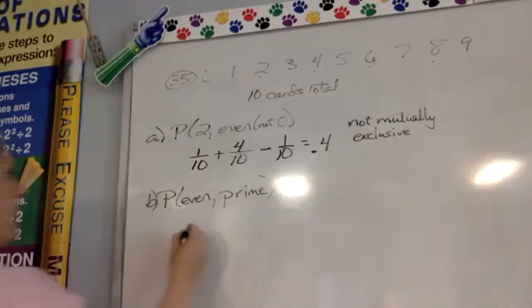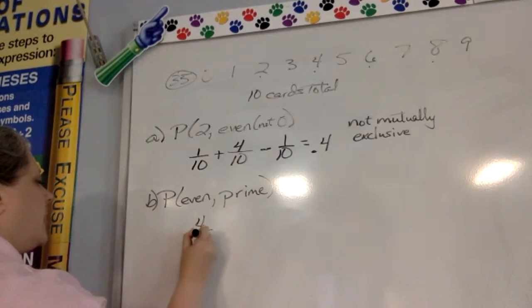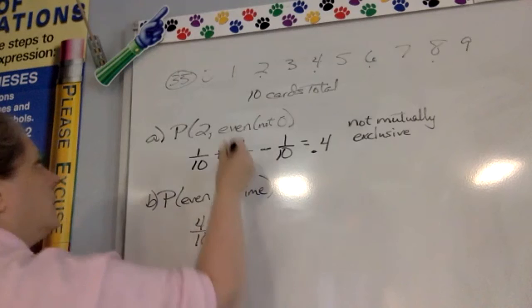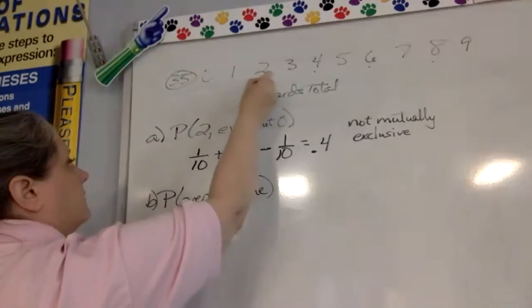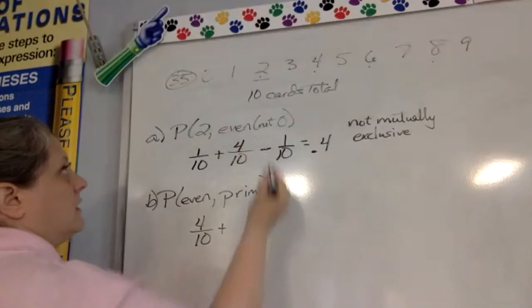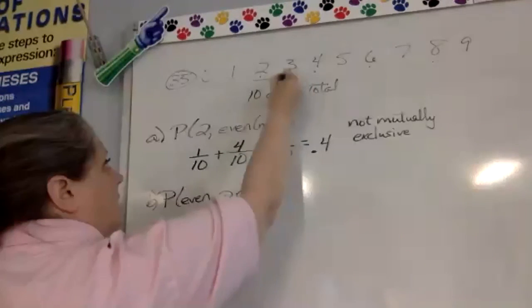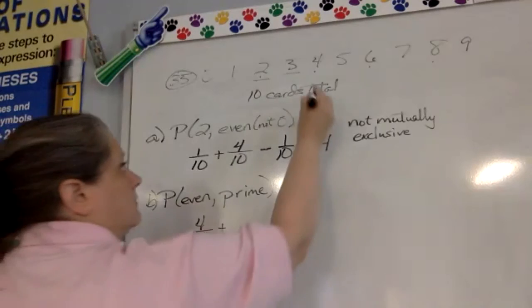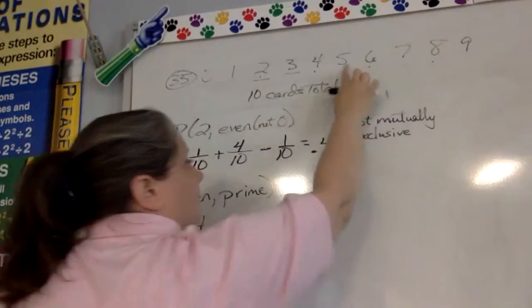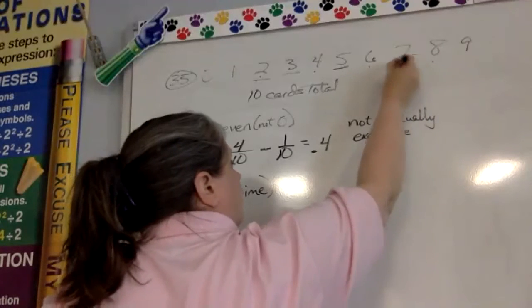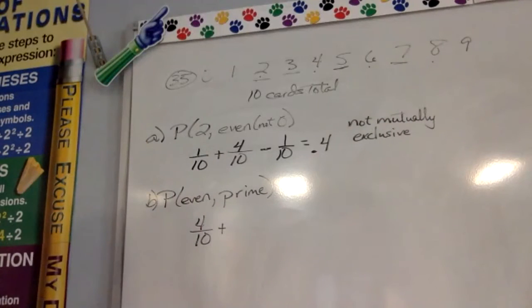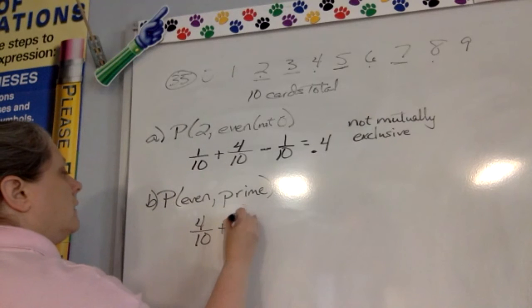Prime numbers. This is prime, right? 5 is prime. Prime. 7. Right? So how many primes are there? 4.